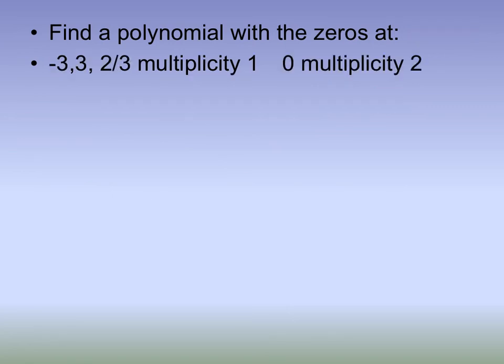And for our final example here, we're going to do this one more time. So we're going to rewrite this as factors, and then we're going to go ahead and multiply it all out. I have zeros at negative 3, positive 3, 2/3, and they all have multiplicity of 1. And then I also have a 0 at 0 with a multiplicity of 2. So if I write these as factors, it's going to be x minus the value, so x minus the negative 3, which will become plus 3, x minus 3, and x minus 2/3, all with multiplicity of 1.